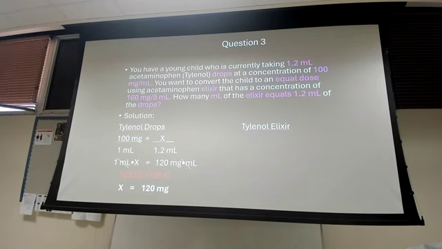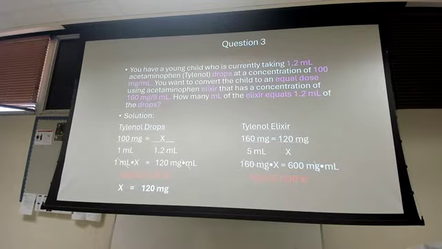Now that we have how much of this medication we're giving them from the drops, we will take that and set up a ratio with the Tylenol elixir. And so we'll get 160 milligrams over 5 equals 120 milligrams over x.